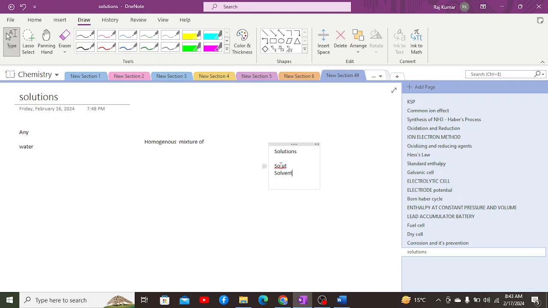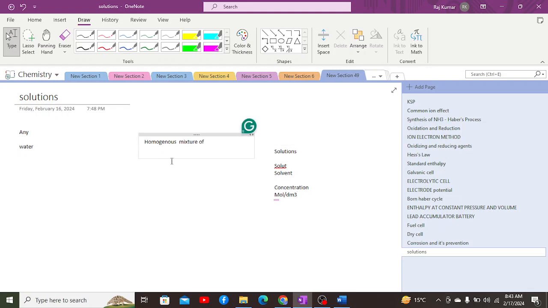The solute is dissolved in the solvent, and the amount of solute dissolved per unit decimeter cube of solvent, or per unit decimeter cube of the solution, is known as the concentration of the solution. Concentration is measured in mole per decimeter cube, right?